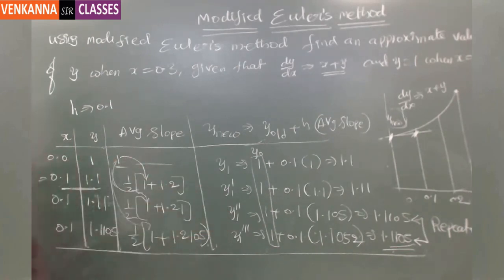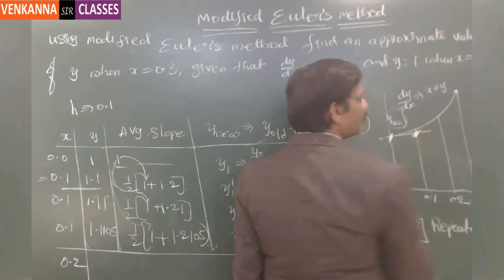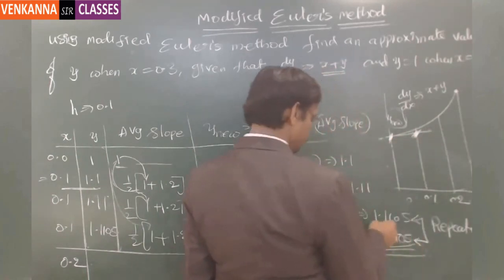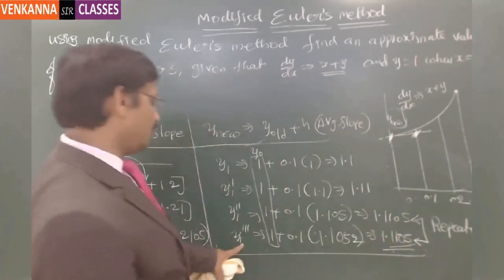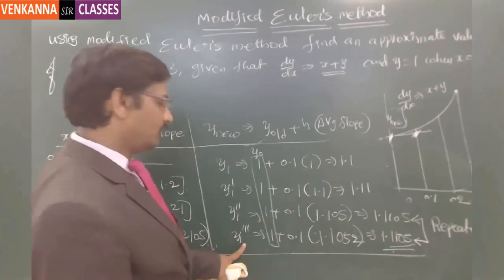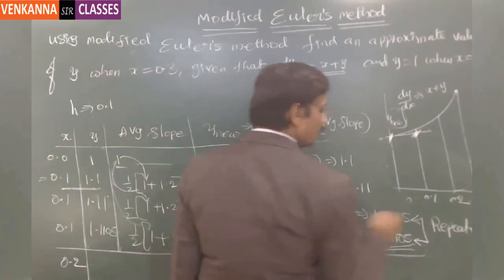So this one we have calculated y1. So once we calculate y1, then you can calculate y2. That is 0.2. So when we calculate 0.2, whatever the slope you finalize, that slope is this one. So you have calculated y1 triple dash as the y1 value. So this value is 1.105.